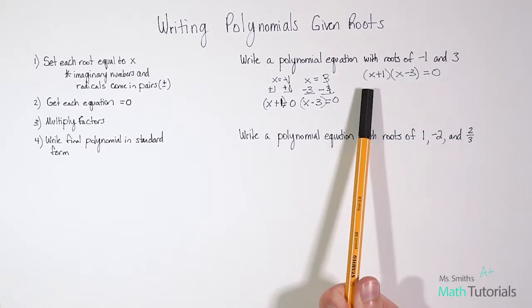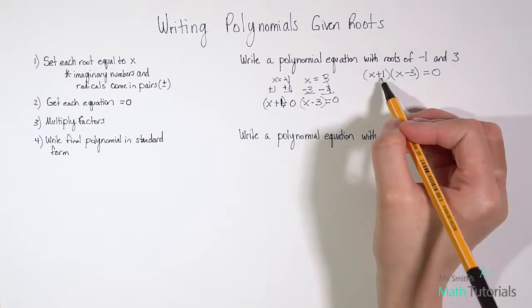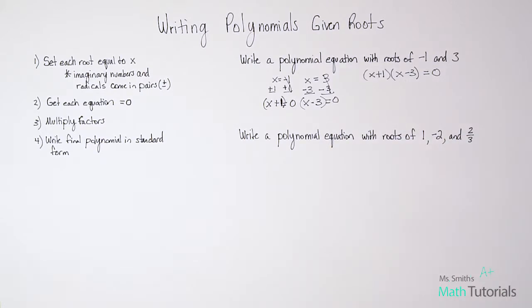This is a binomial times a binomial. I traditionally like to FOIL, that's just my personal preference. You might have been taught to distribute every part of this binomial to every part of this binomial. It's the same thing. Okay, so you just do what works for you, but I'm going to show FOILing.